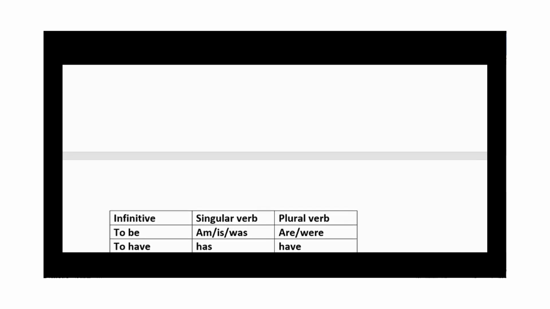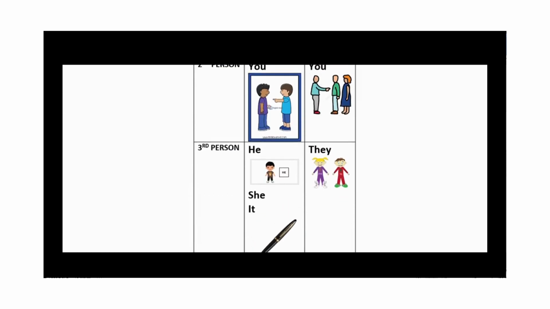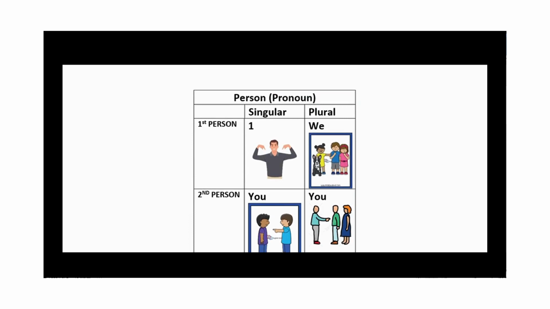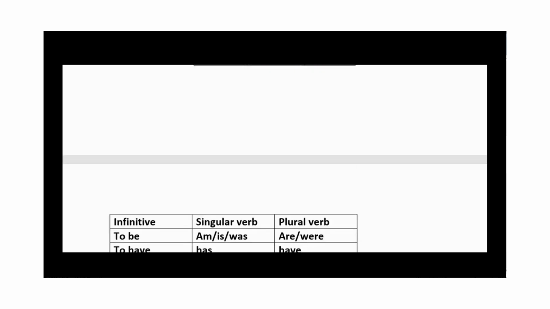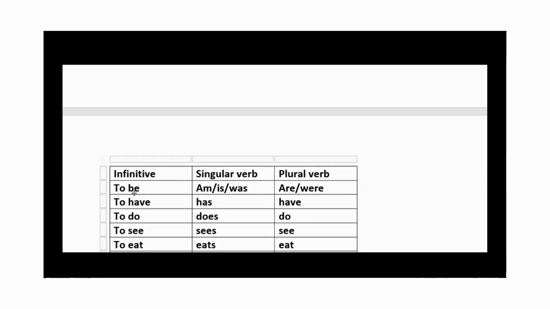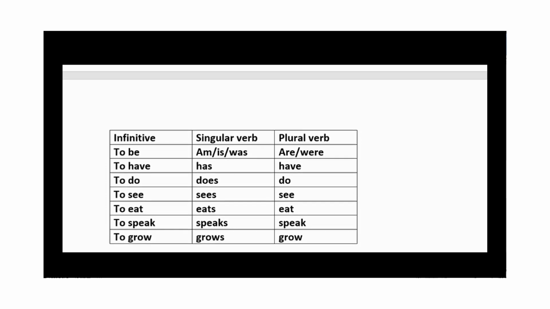Now, let's go ahead and use this in sentences to see how the verbs can agree with the subject. First, I'm using the subject I. So what would the verb to be become to agree with the subject I? The rule of grammar states that I must be used with the verb am.